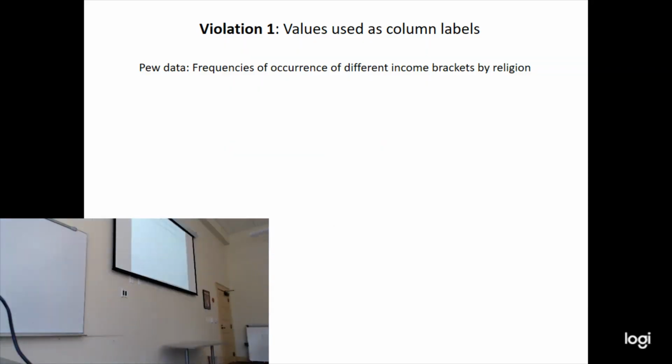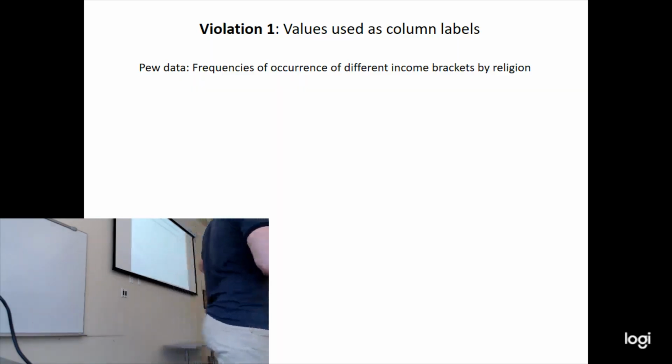So to ground you in a specific problem, it's kind of hard to understand this if it's very abstract. I'm going to show you a table that was taken from a Pew report. This is an example that is in that tidy data paper, by the way.